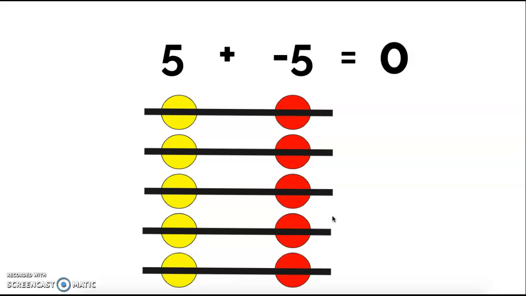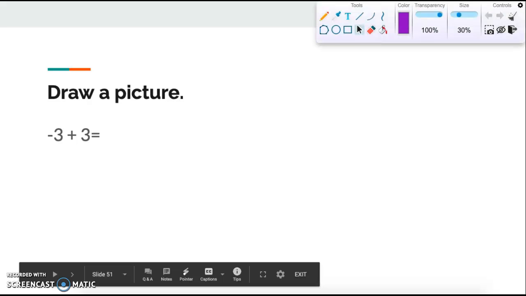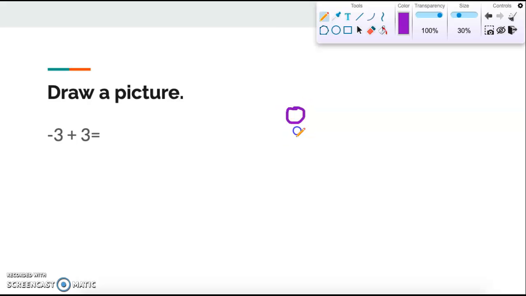So what happens when I combine opposites? We're left with 0. Okay, let's look at another one. Let's try it with a picture again. 3 and negative 3. Okay, so if I have 3, I'm going to do 1, 2, 3, and then I have negative 3. I'm just going to color these ones in.